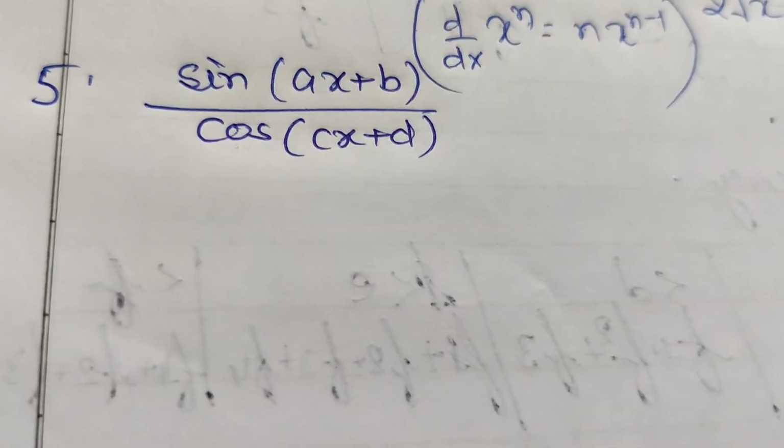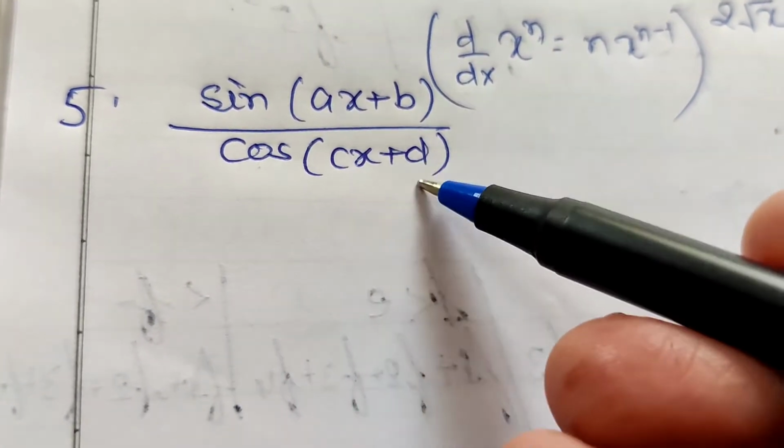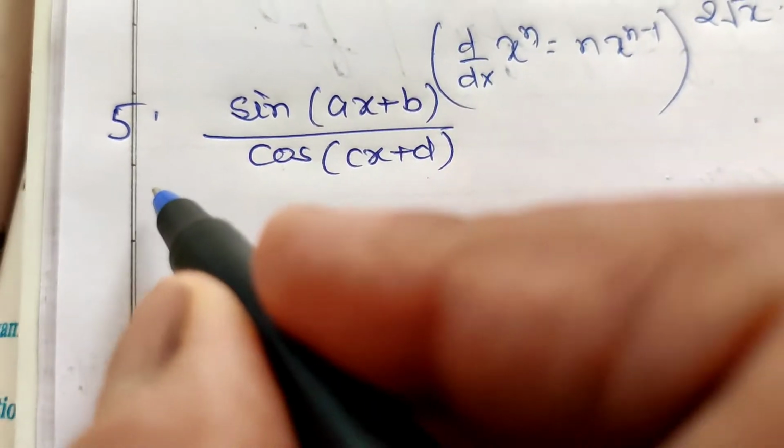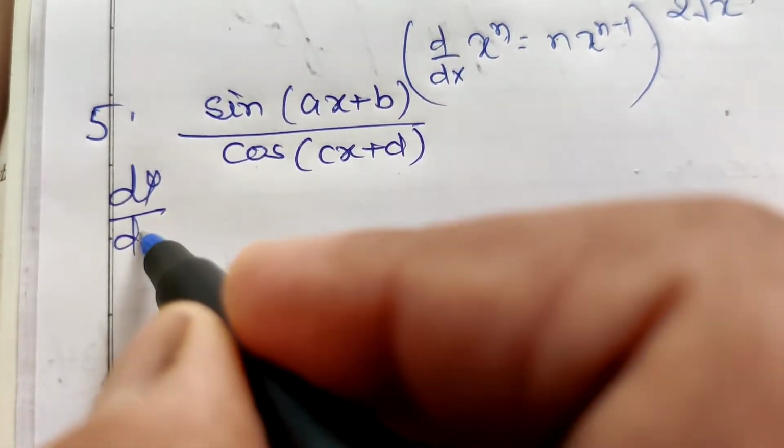Question number 5 is sin(ax plus b) upon cos(cx plus d). Now differentiate by using the formula of division.